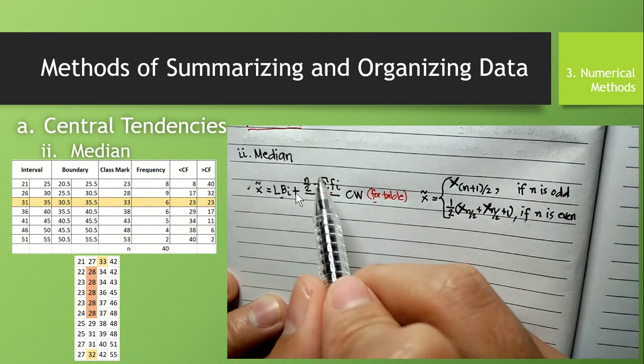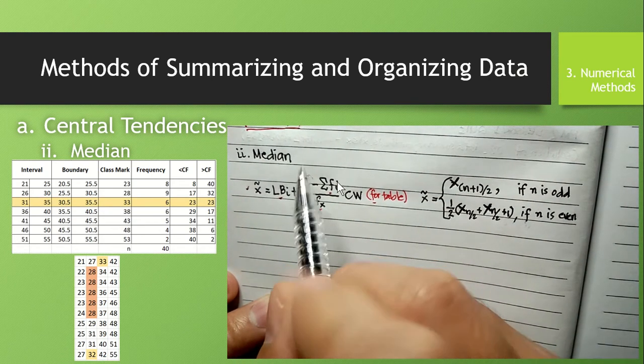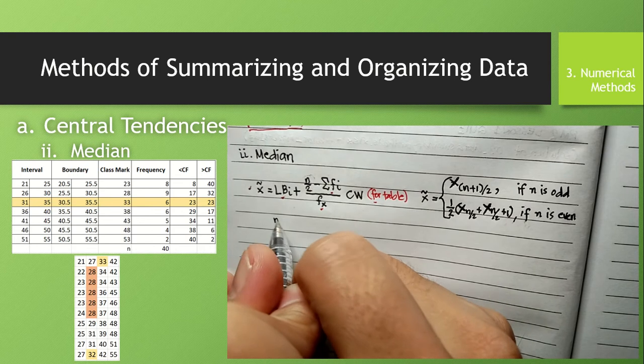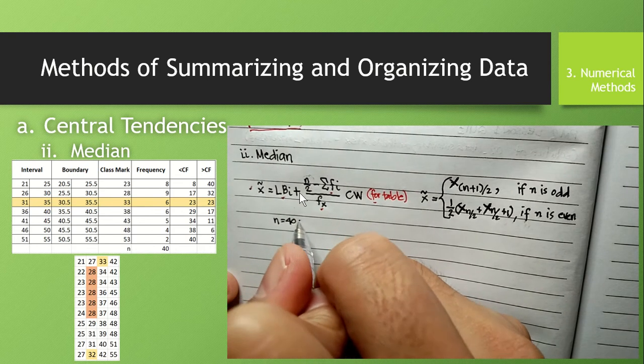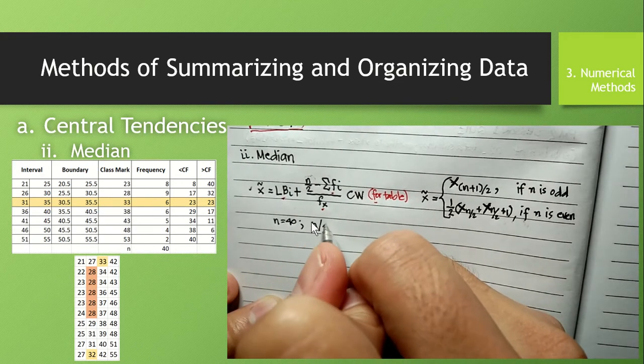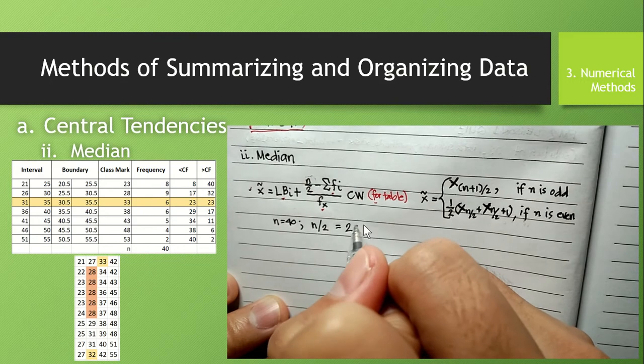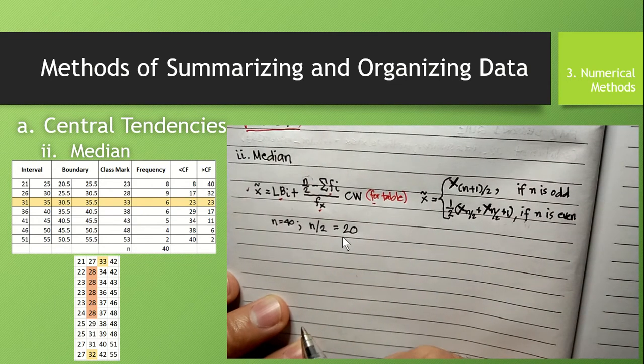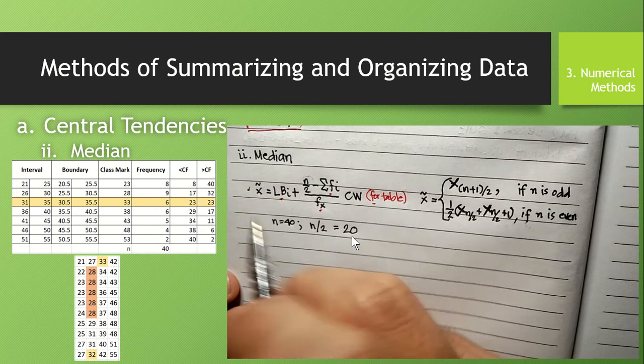Recall that LB sub i, n over 2, summation of f sub i, and f sub x are known values. Our n is 40, so n over 2 will be equal to 20, which means our median class is where the 20th data is located.